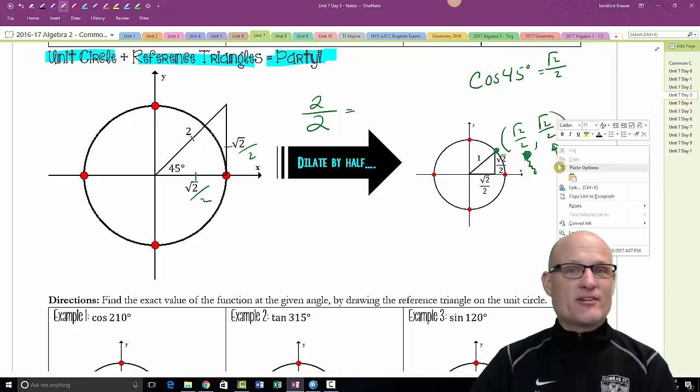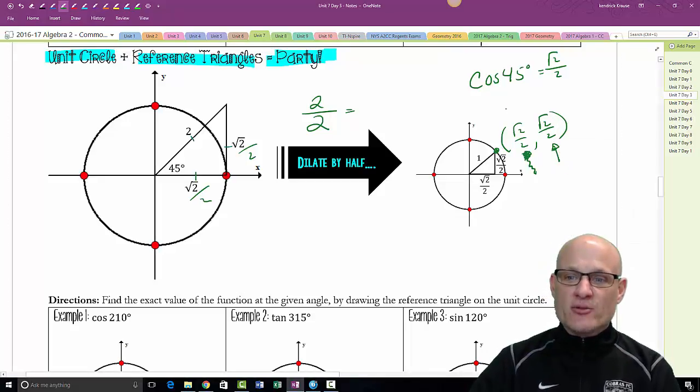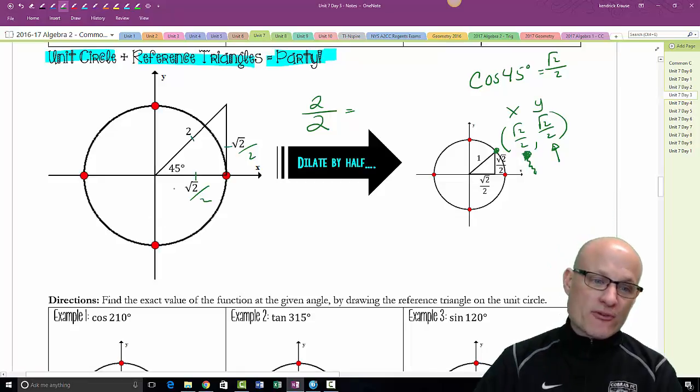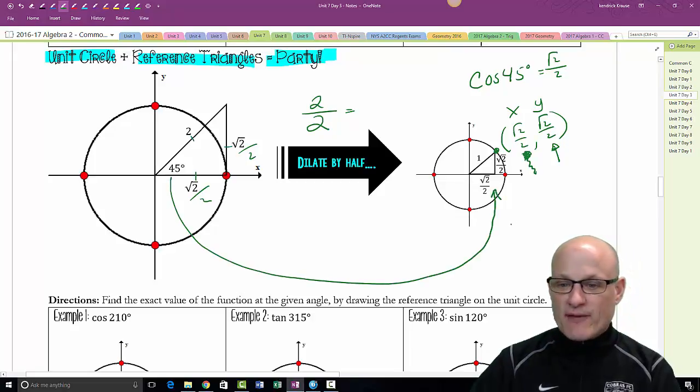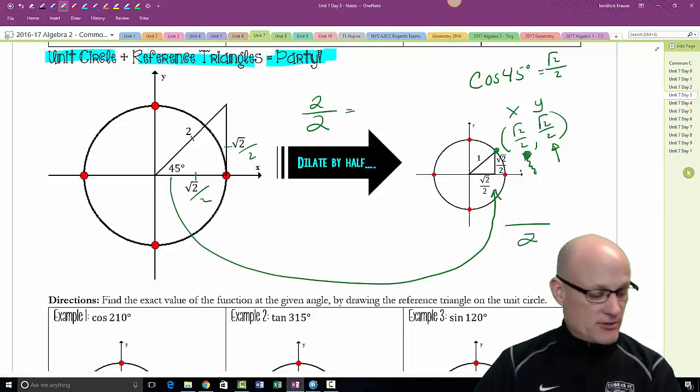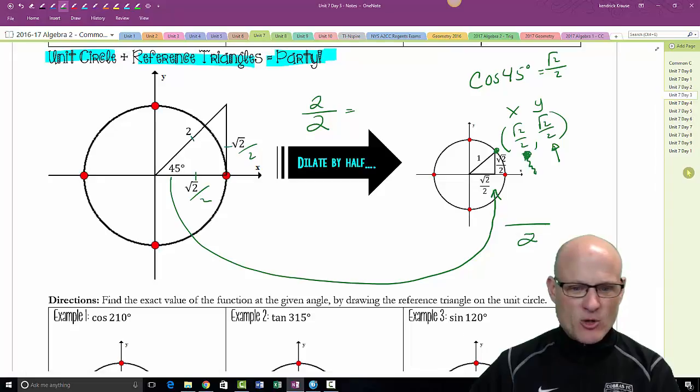So in the unit circle, the x value is the cosine and the y value is the sine. But to go from our reference triangle to our unit circle, we have to divide everything by 2. And that's where this trick I'm about to show you is going to come into play. And I hope it comes up nice on here. Otherwise, I may have to reprint this.